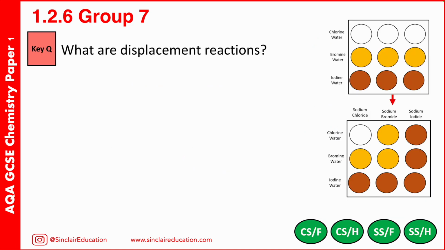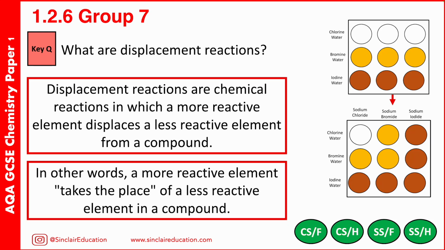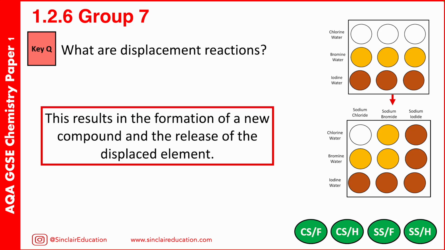There's a couple of opportunities in the chemistry paper 1 where you might be asked about displacement, and the halogens is one. Displacement is the idea that it's a chemical reaction when an element that is more reactive than another displaces, or takes the place of, a less reactive element.